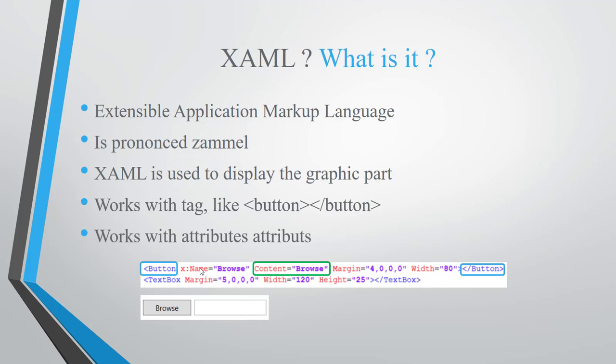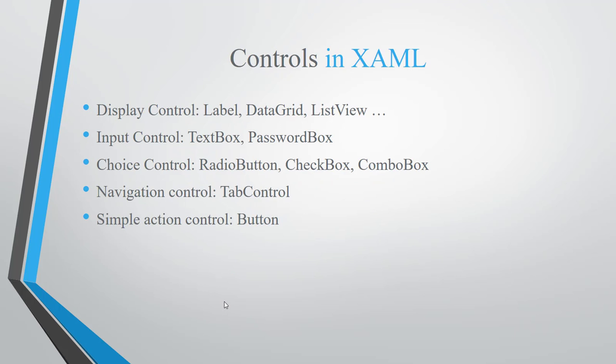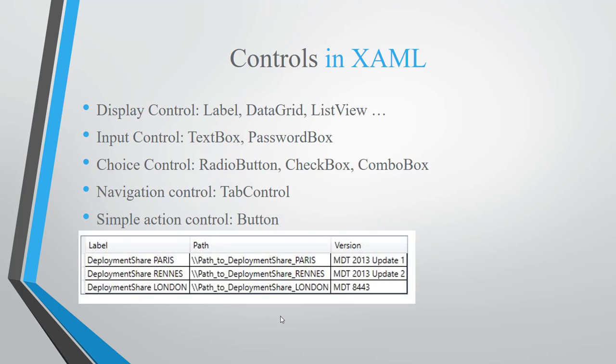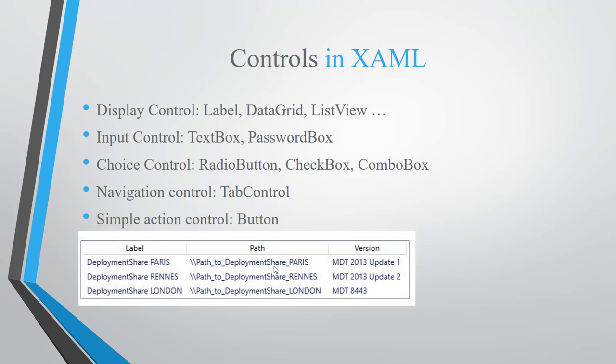So we have the first tag, Button, which allows you to create a simple button like this, and the TextBox, which allows you to create a simple text box. Controls in XAML: there are many controls like in Form. First, display controls like Label, which is just simple text; DataGrid, which allows you to gather information; ListView, which looks like DataGrid.